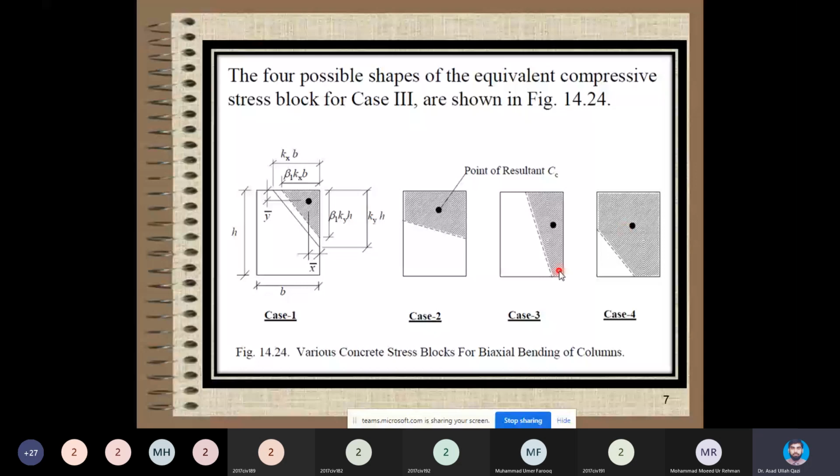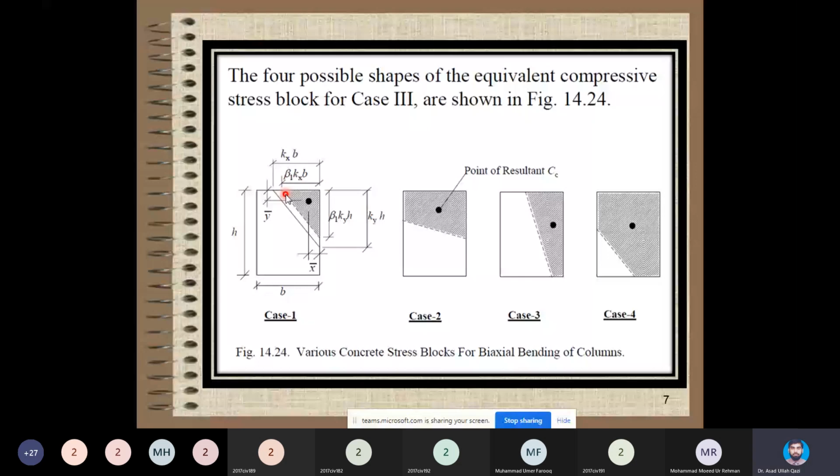And just to give you one idea, look at the first picture, case one. This was the solid line neutral axis depth, and since we are following Whitney's uniform stress block, beta 1 k x b and beta 1 k y h are drawn to show that uniform stresses are present on this corner. So the actual neutral axis depth will be converted into a equal to beta 1 c, so as to get the uniform compression on this triangle.